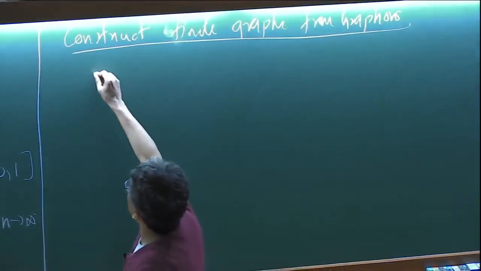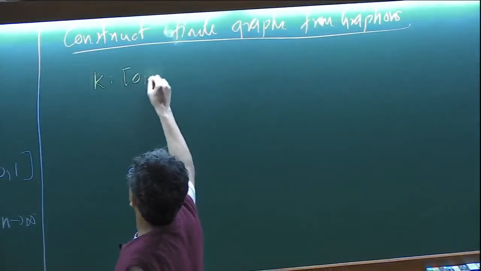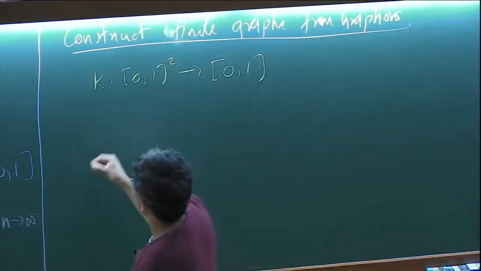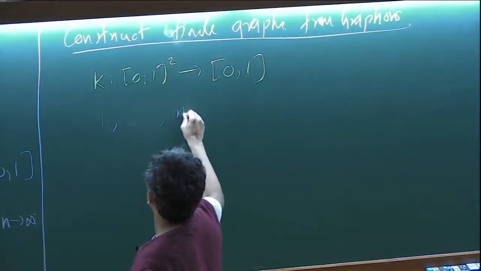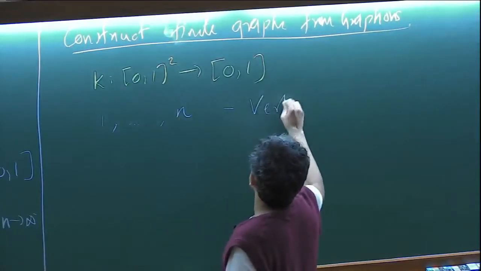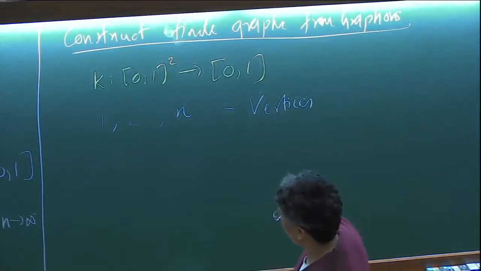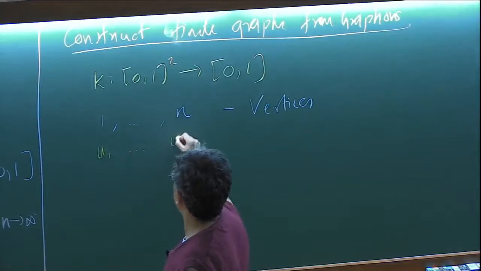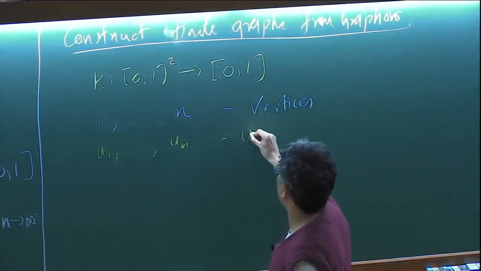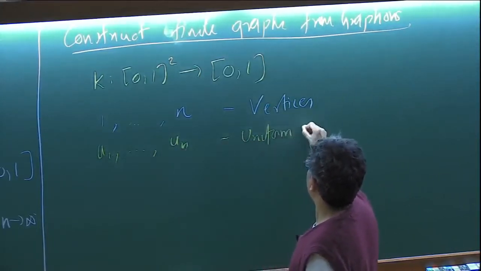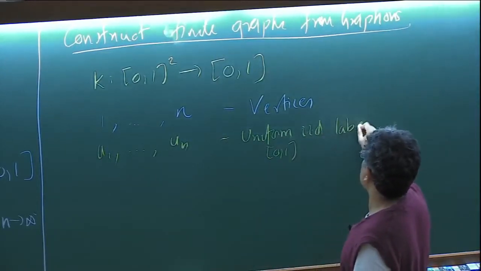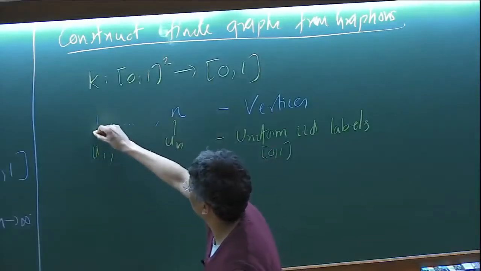Then the idea is that I have kappa from [0,1]^2 to [0,1]. I have n vertices, 1 up to n. What you do is you give each vertex a label, a uniform random variable label. So you get U_1 up to U_n, IID uniform [0,1] labels.